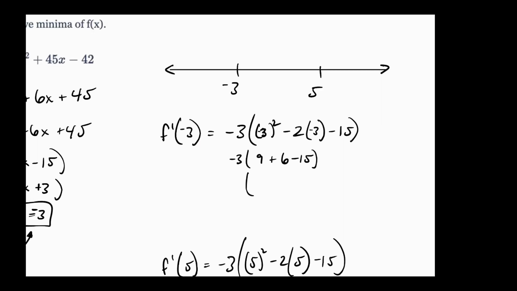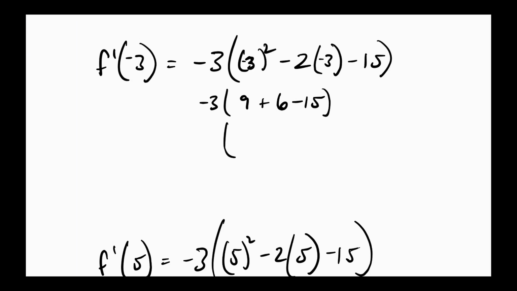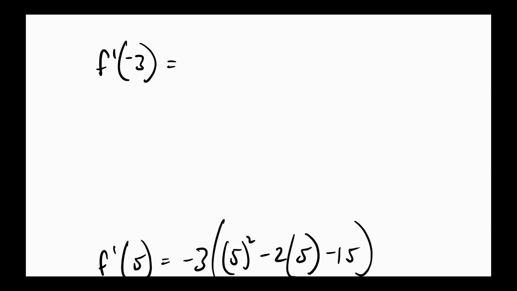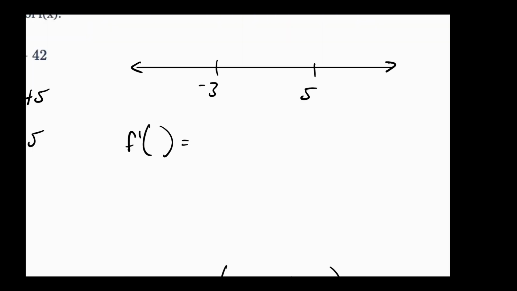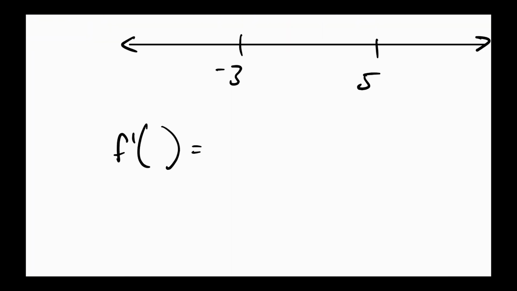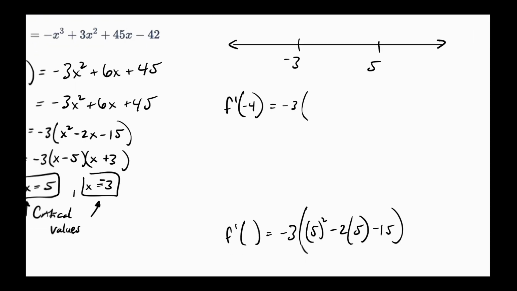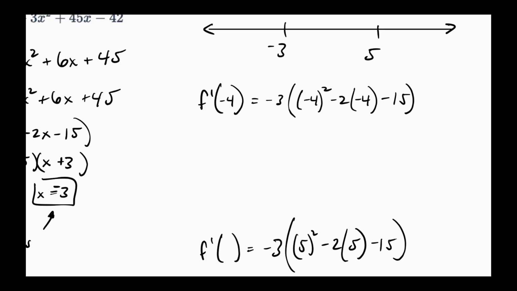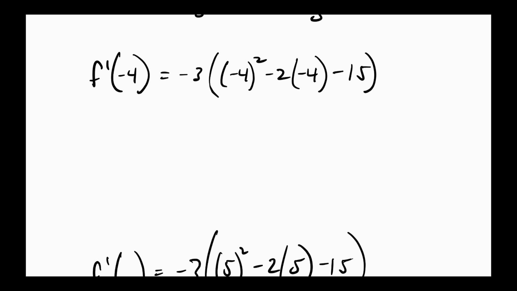Why did I plug in negative 3? If you plug in the actual critical number, you're going to get 0. So I shouldn't have plugged in negative 3. I need to plug in a number that's less than negative 3. So let me plug in negative 4.